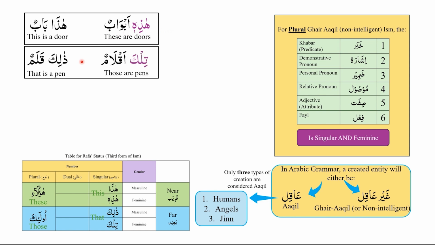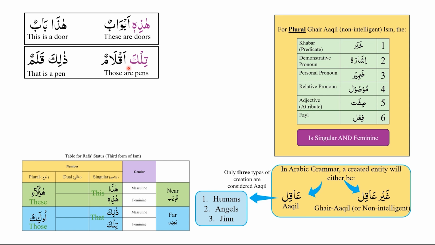Zalika qalamun, that is a pen, and the plural version will be those are pens. We will say tilka aqlamun. We will not say ulaika for those, rather we will say tilka aqlamun. Tilka is also singular and feminine and is a demonstrative pronoun that is used for the plural of a ghair aqil or non-intelligent ism.